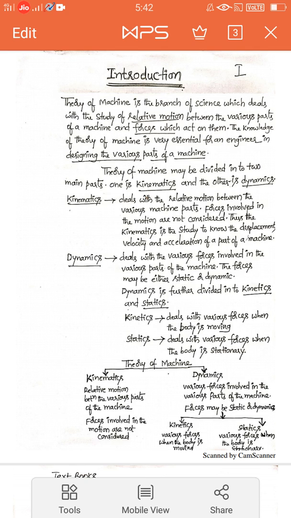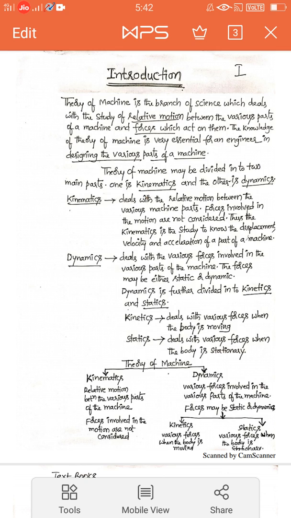Secondly, we evaluate the velocity and acceleration of the different parts of a machine or a mechanism in module 2 and module 3, because as I said, in kinematics we focus on the study of relative motion between the various parts, thereby at the end we evaluate parameters like displacement, velocity and acceleration.